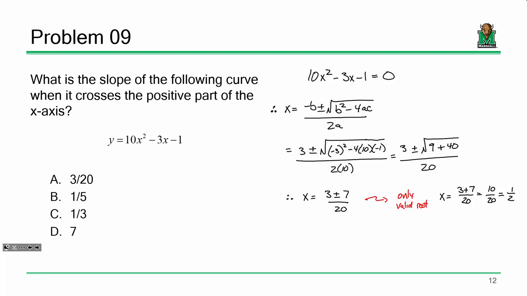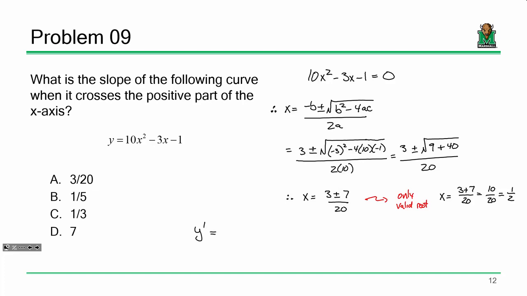Well, no, right? It's not one of the choices. Why is that? We're not done. Why are we not done? Do we plug it into the original function? There you go, after you take the derivative. So we take the derivative, then we plug it in. So now we are finally getting into the wonderful world of calculus.